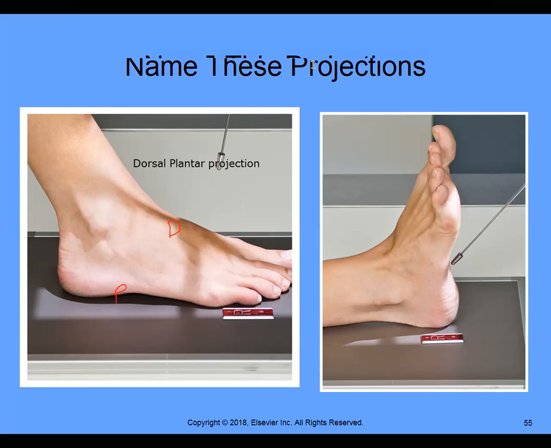In this X-ray over here, X-ray number 2, this one is going to be called an axial plantar dorsal projection. Why? Because this is the X-ray tube. It's coming in at an angle.